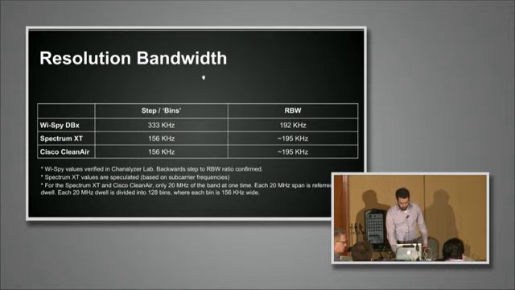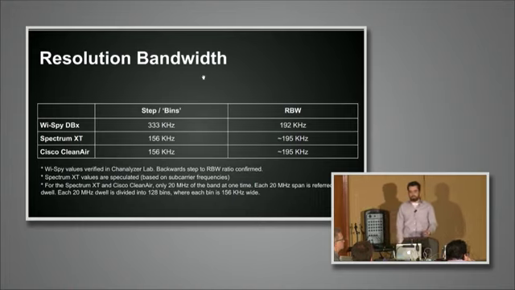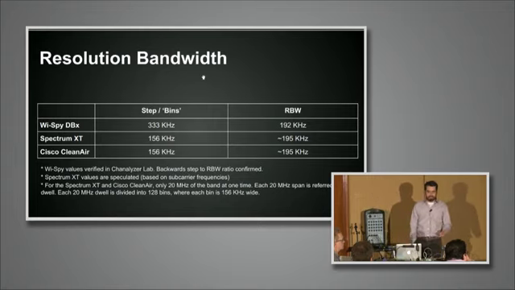Okay. So resolution bandwidth, these are the stated specifications from the websites. The Spectrum XT values, I speculate on those because it's a Wi-Fi card. So it's going to be roughly the same as the Clean Air, but you'll see some differences on that.